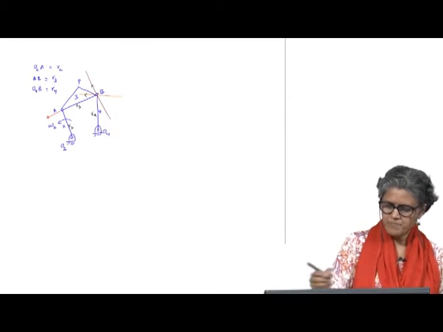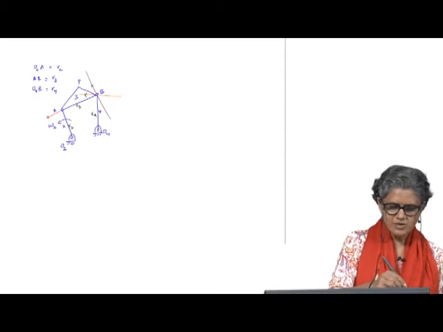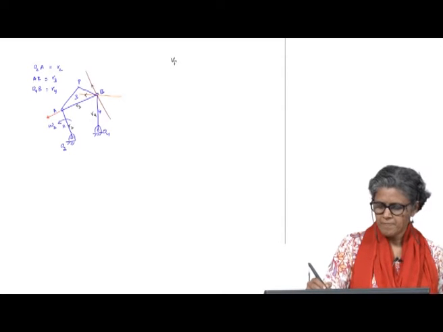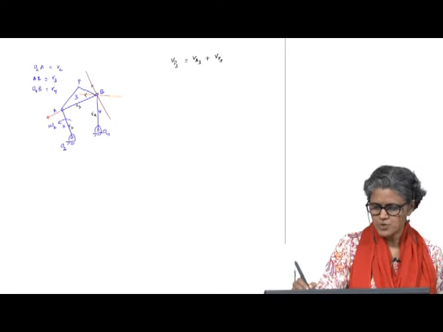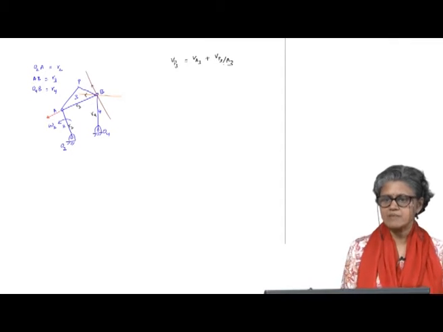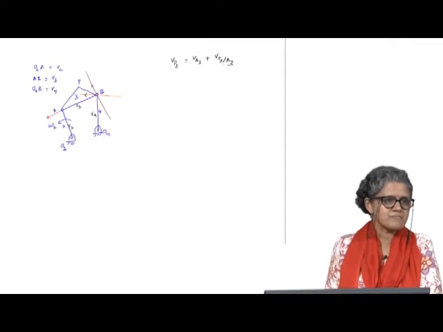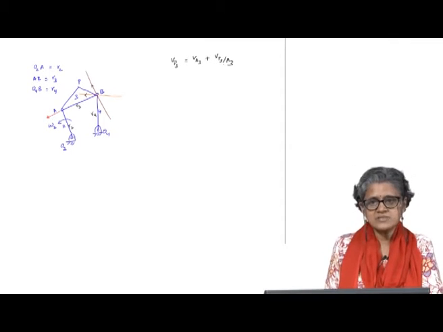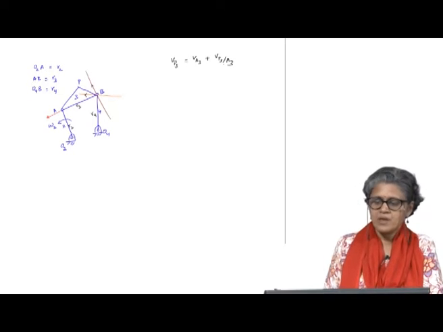Suppose I had written that as velocity of P on body 3 equal to velocity of A on body 3 plus velocity of P on body 3 relative to A3. Perfectly valid equation. I could have tried to solve this directly.